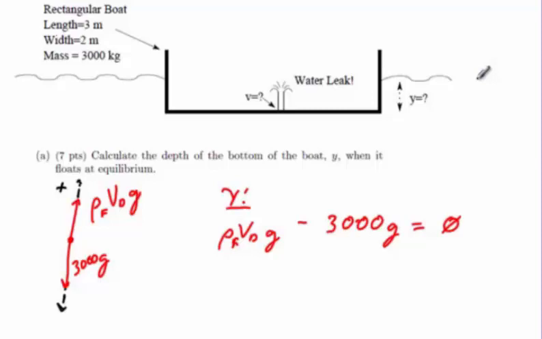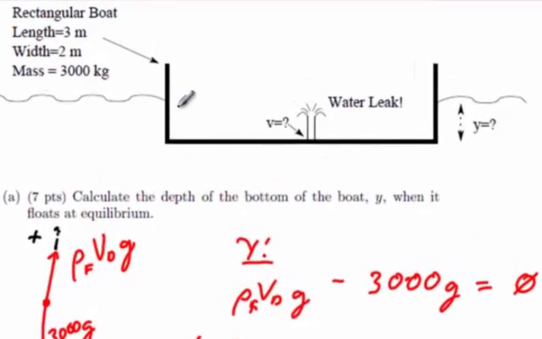Next, we need to fill in the terms of this equation. The first is the density of the fluid, and since the fluid is water, it has a density of 1,000 kilograms per cubic meter. The volume displaced can be understood by examining the figure. The boat itself displaces an amount of water equal to this dashed box.